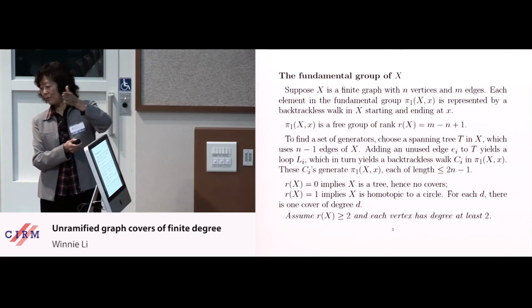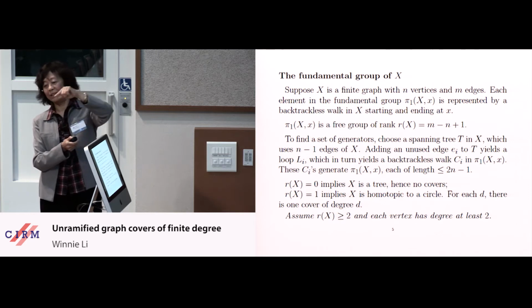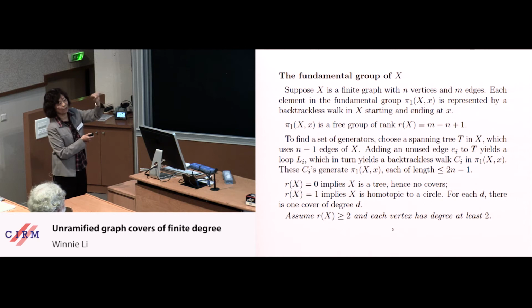In a graph we don't have much homotopy to talk about. If you take a loop starting and ending at x, you may go wandering around and then come back, so there is a lot of backtracking. Each homotopy class is represented by a backtrackless walk starting and ending at x.